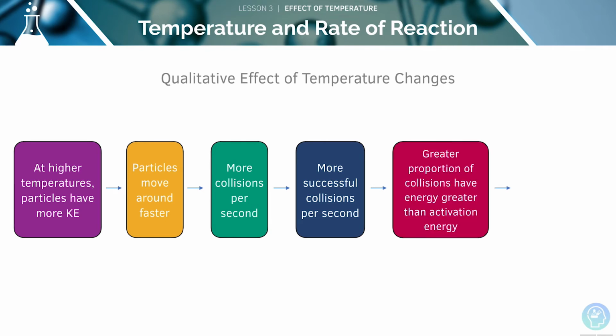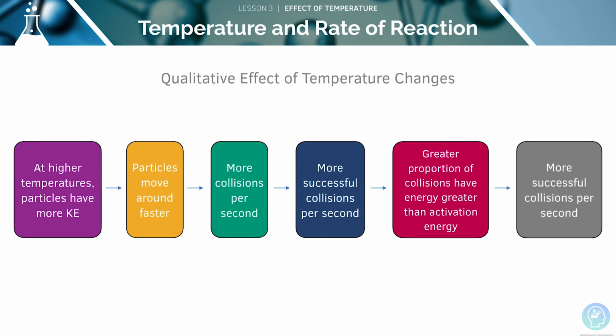A greater proportion of these particles will have energy that is greater than the activation energy. In other words, the particles will possess at least the activation energy, which means they will be able to react. There is an increase in the number of successful collisions, and therefore the rate of reaction will increase.